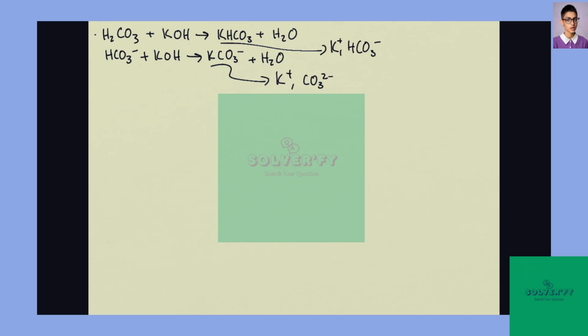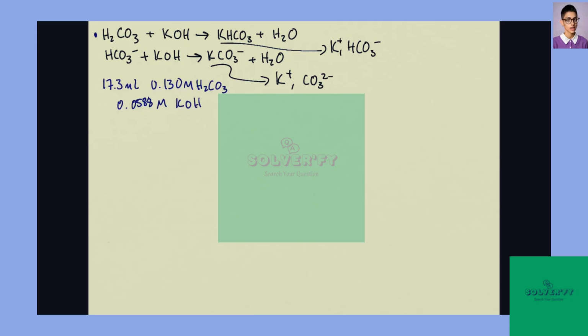So let's look at these reactions one at a time. First, we start with 17.3 milliliters of 0.13 molar H2CO3 and 0.0588 molar KOH.